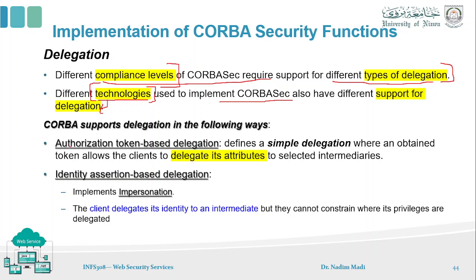There are two ways. The first is authorization of the token, which we call delegation of attributes.